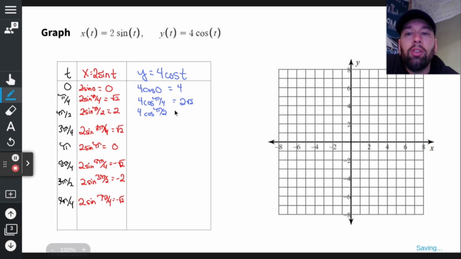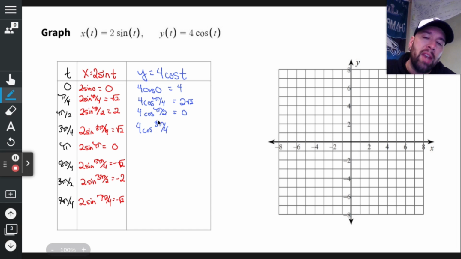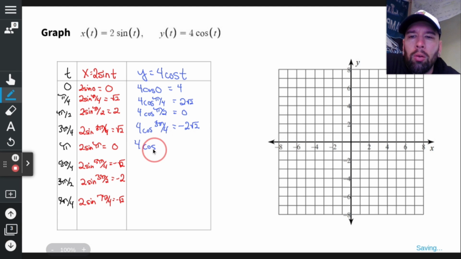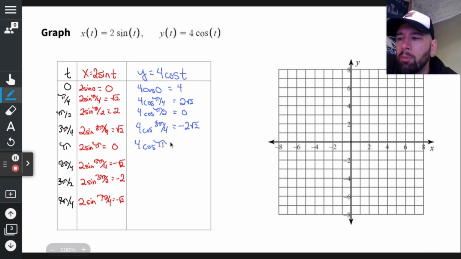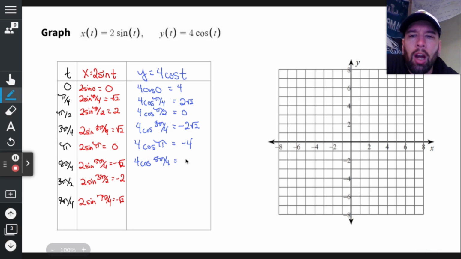Cos pi over 2 is 0, so 4 times 0 is 0. 4 cos 3 pi over 4 is in the second quadrant, so it's negative root 2 over 2. 4 times negative root 2 over 2 is the same as that, but negative. 4 cos pi is 4 times negative 1, which is negative 4. 4 cos 5 pi over 4 is going to be the same as that. Negative root 2 over 2 times 4 is negative 2 root 2.